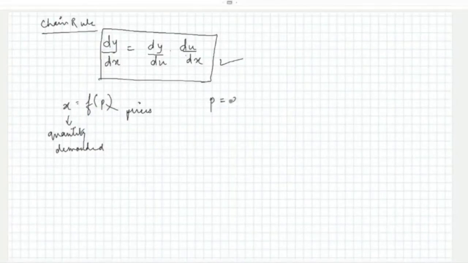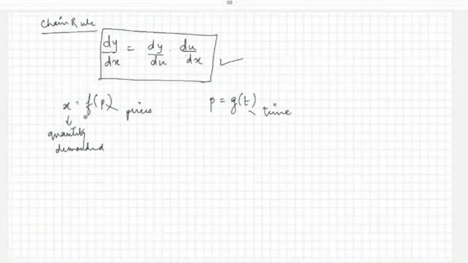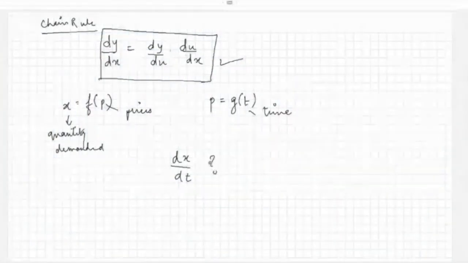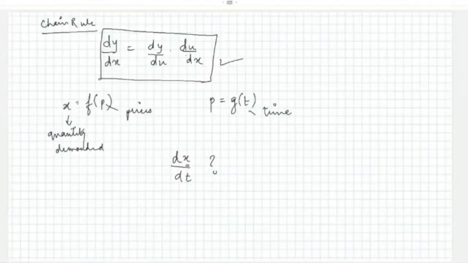These prices are further a function of another variable. तो prices जो है time के साथ vary कर रही हैं. I want to know what is the change in quantity with the change in time. What am I saying? I'm saying that quantity demanded is a function of prices. Prices further are function of time. I want to know what is the change in quantity demanded for a unit change in time. I will apply the chain rule.